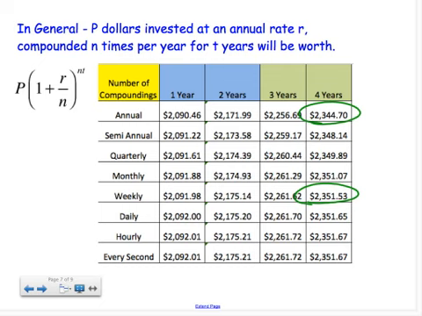All right, you could also probably find a bank somewhere that would compound your money daily, every day, every hour, even every second. Okay, and in each case, you see that the amount that you have earned in interest goes up.